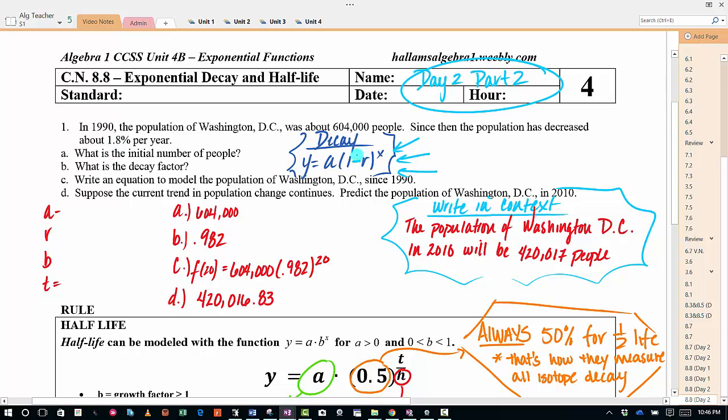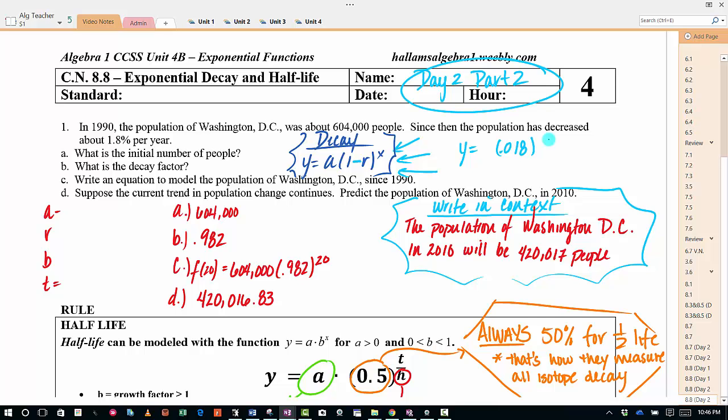A lot of kids want to write 1.8 or 0.018 in here. That's wrong. What you should put in the parentheses is 1 minus 0.018. Otherwise that's decaying by almost 90%, which is too much decay. It's going to be just a little bit less than 100%.